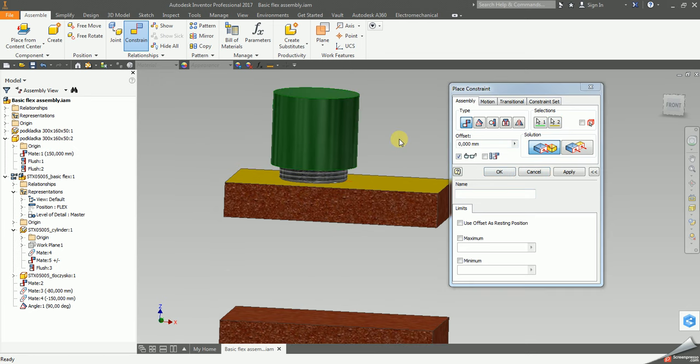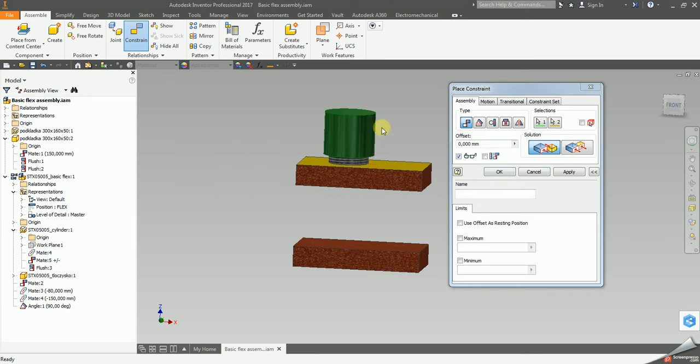As we can see here, Inventor proposes a solution in which the green cylinder is placed against the constraints that are defined on the top level assembly. In this particular case, mate 2, and also as we can see, mate 4.